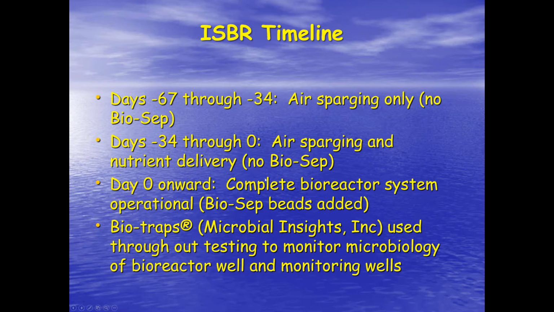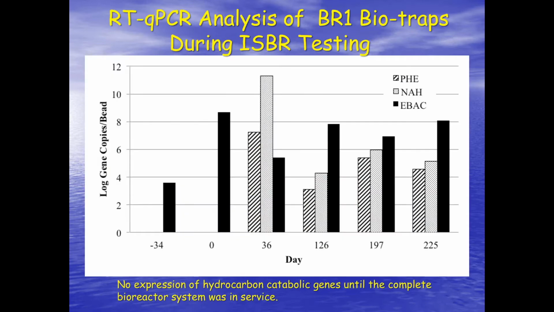So for the first 60 days, there's no Bio-Sep. And then after that 60-day period, we withdrew the bioreactor system and filled it with Bio-Sep beads so that it was now completely operational, and we continued to feed air and nutrient to the bioreactor, now with Bio-Sep beads.